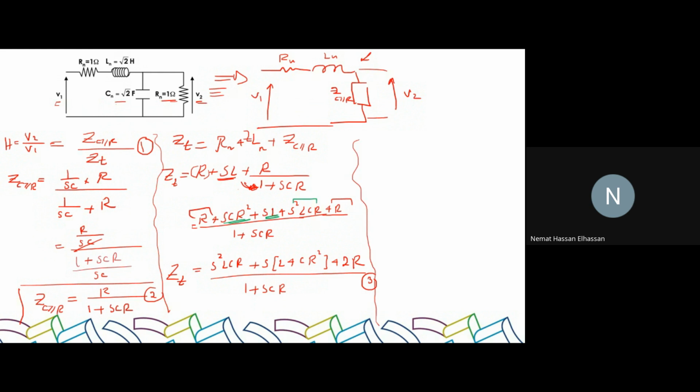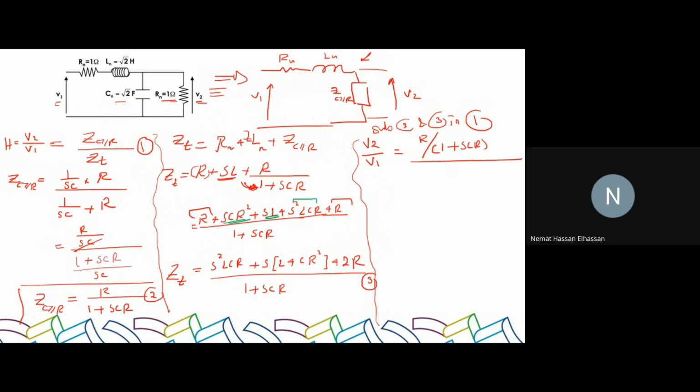So what I will do next is substitute 2 and 3 in 1. So V2 over V1 is equal to the parallel branch, which is R divided by 1 plus SCR, right?